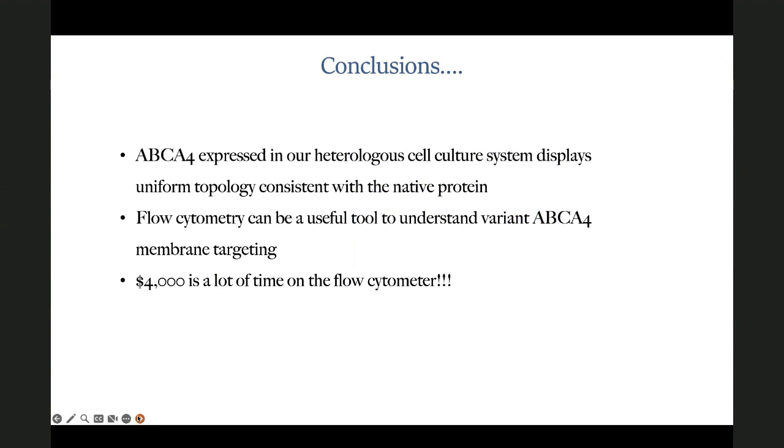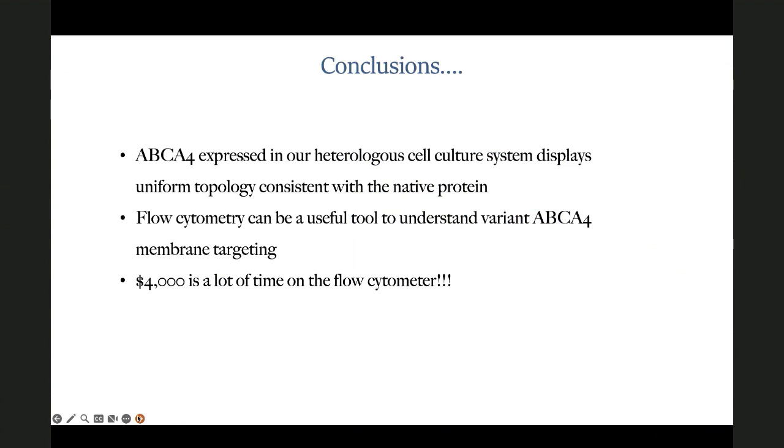Some of the 3,000 variants that you saw cause the protein not to target the plasma membrane or the rod outer segment disc membrane, and rather they remain misfolded and aggregate in the Golgi and the endoplasmic reticulum. So it would be useful to understand whether some of our variants are loss of function as a result of the failure to target the rod outer segment disc membrane.